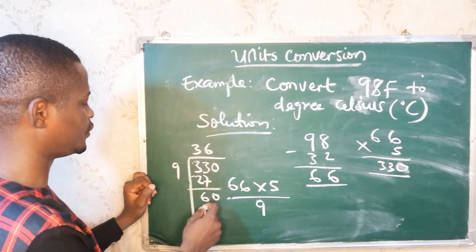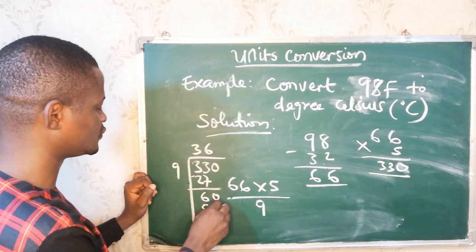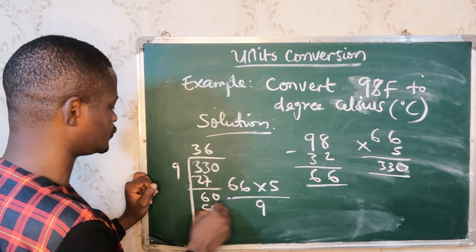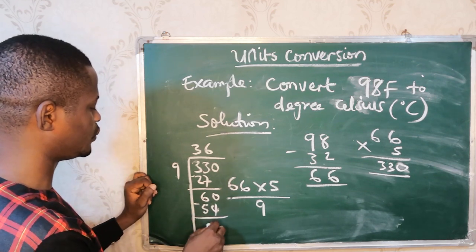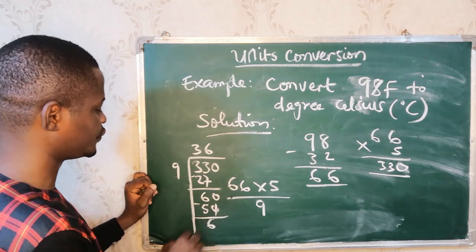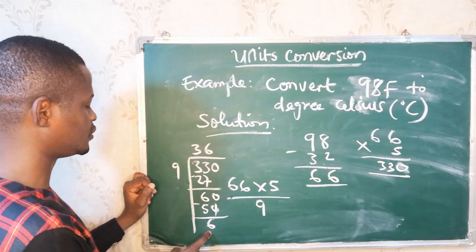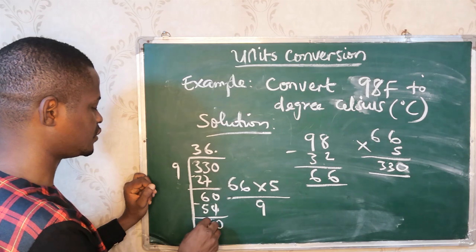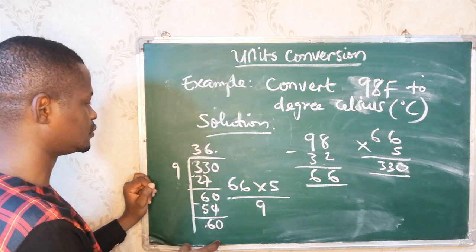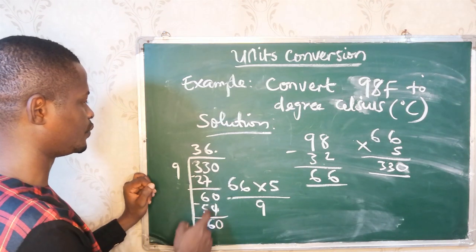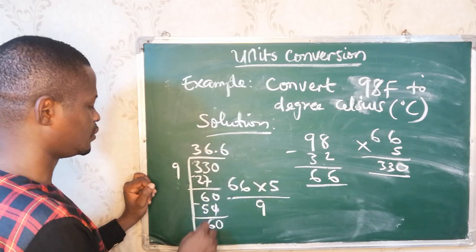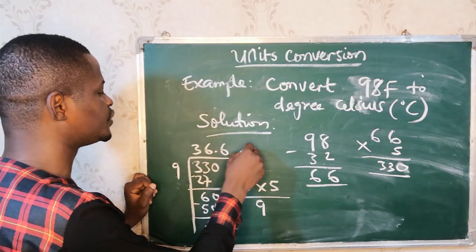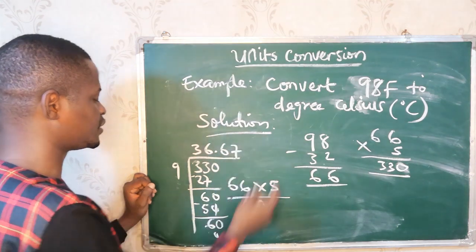So that 6 times 9 will give you 54. And subtract, that will give you 6. So 9 into 6, you cannot go, so you add your decimal point. Then 9 into 60 will give you 6 again. Then remainder. So your answer will give you 36.666, which is approximately 36.67.